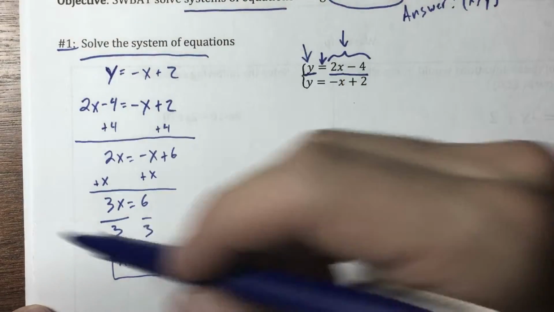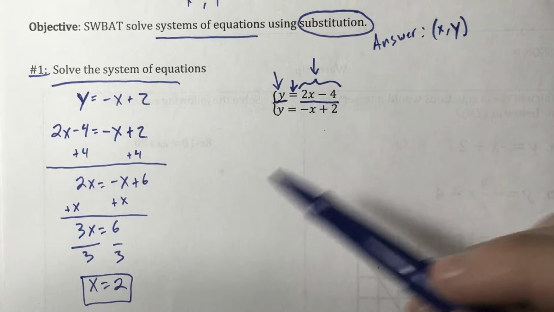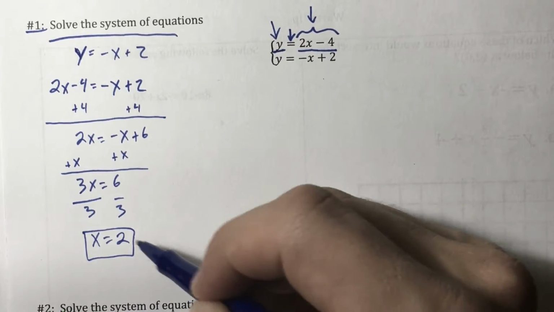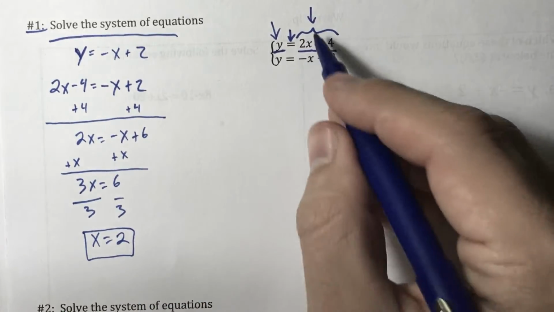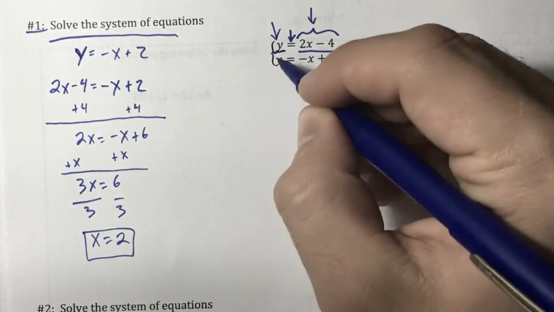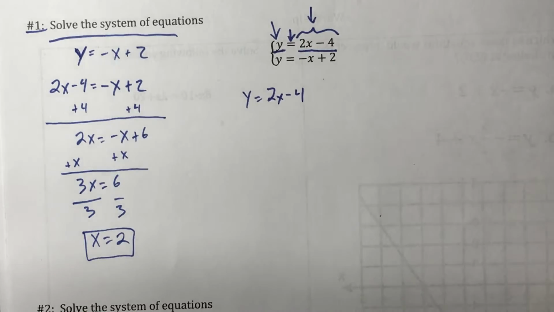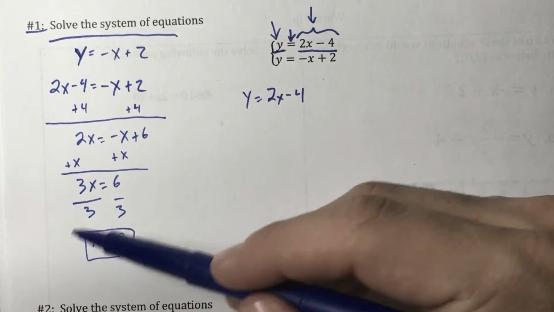So we're not quite done, because we remember we need our answer to look like an (x, y) pair, and so far we only have x. Now we have the number value for x. We know that x is equal to 2, so I can take either one of these equations that we started with. We'll take the top one, y equals 2x minus 4. Now we can substitute 2 in for x, because we found that x equals 2.